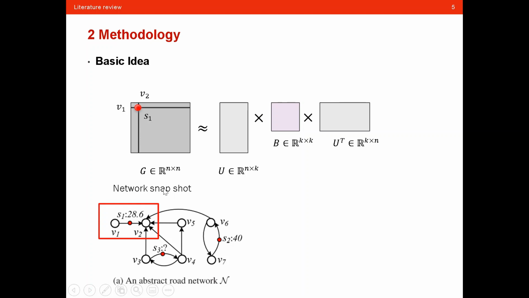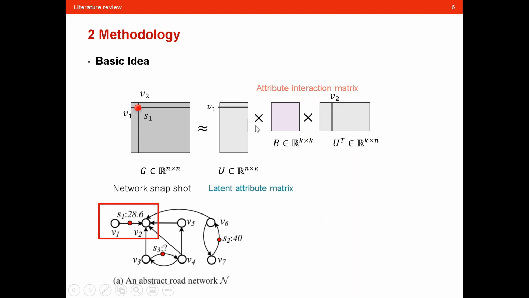And through matrix factorization, the network snapshot can be decomposed into three factor matrices. The paper denotes these matrices as the latent attribute matrix and the attribute interaction matrix.